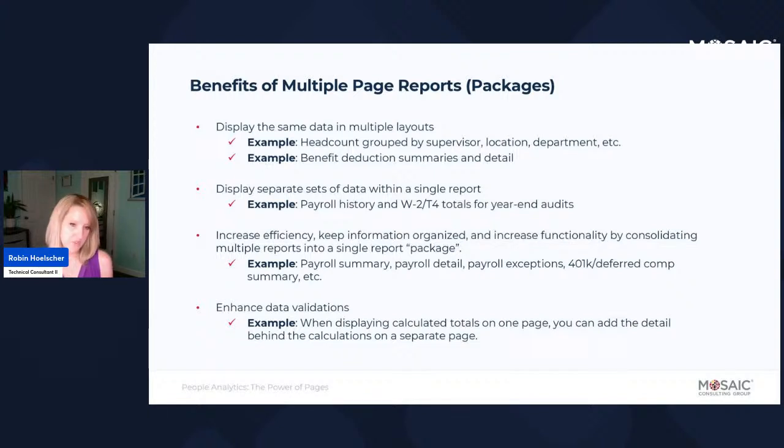Because if you work with UKG at year end, you know that payroll history has to push to all the W-2s to be generated. So you can have a report, run it, and have it automatically reconcile for you and tell you what those variances are, if any.